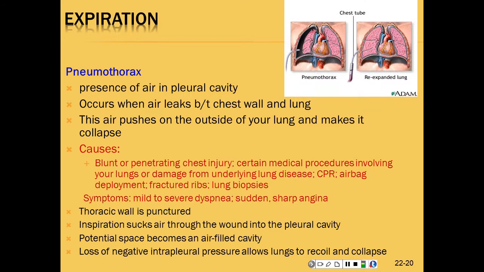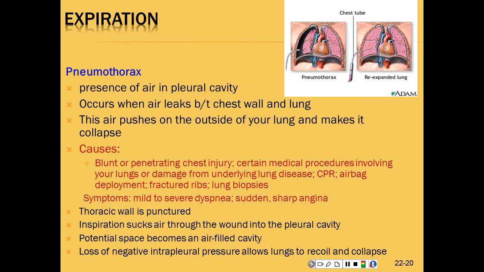Now, the effect of pulmonary elasticity is evident in the pathological state of pneumothorax. Pneumothorax is the presence of air in the pleural cavity, such as due to a puncture of the thoracic wall, turning the potential space of the pleural cavity into an air-filled space.